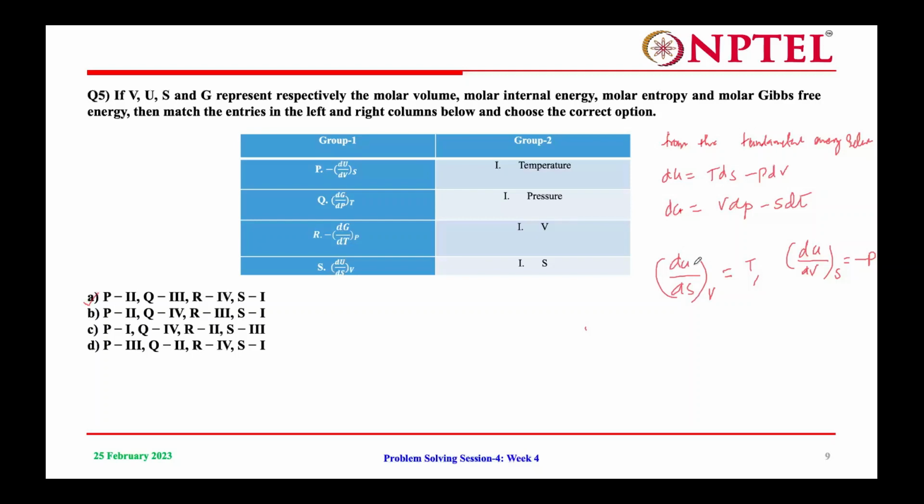Similarly for dG, so here dU by dV at constant entropy is minus pressure, this one, and dU by dS at constant volume is temperature, this one. Yes. All of you getting or not? Yes, sir.